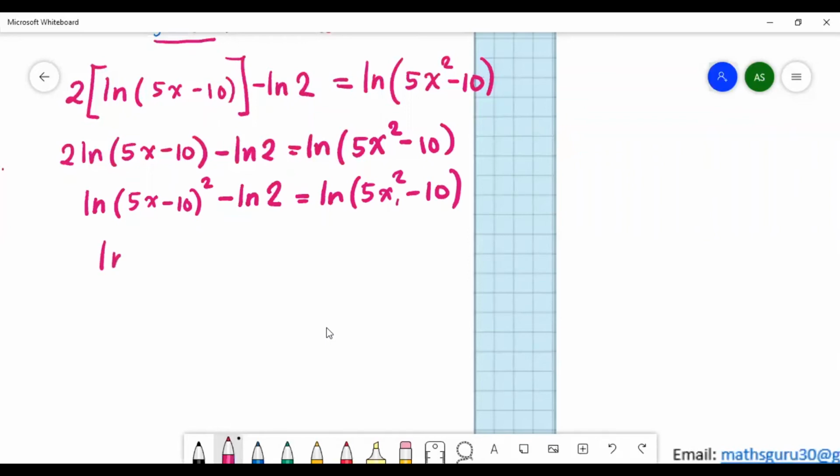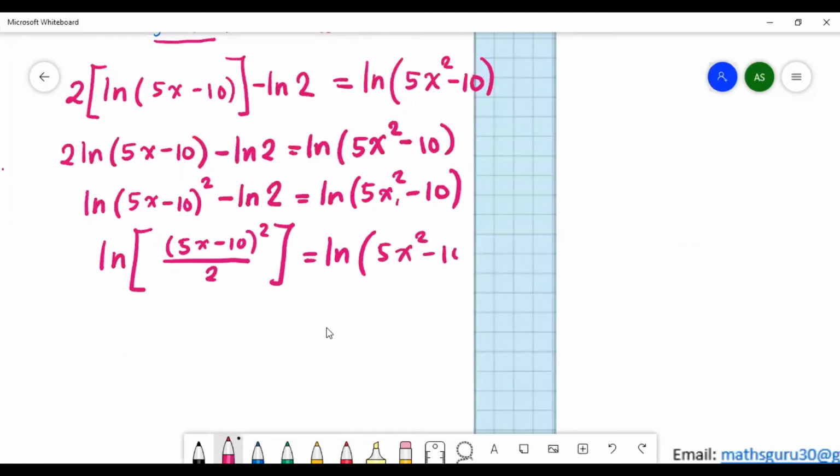So that will give us ln of 5x minus 10 squared all over 2 is equal to the ln of 5x squared minus 10. However, since ln of something is equal to another ln of something, this will be equal if these expressions inside are just the same.